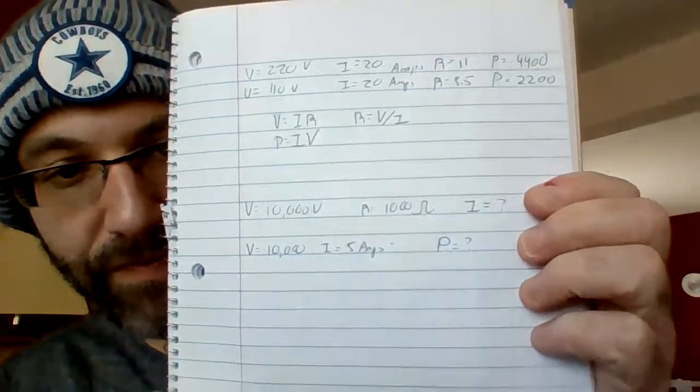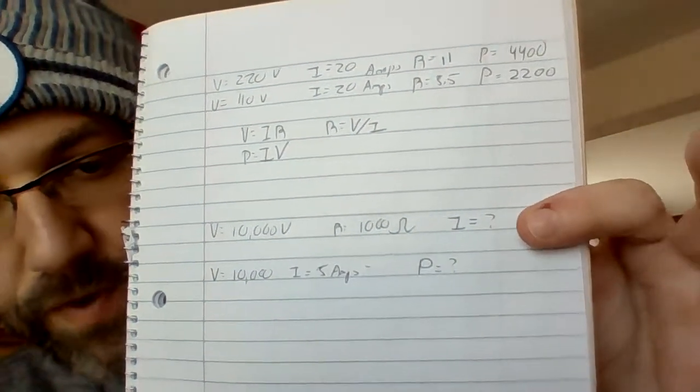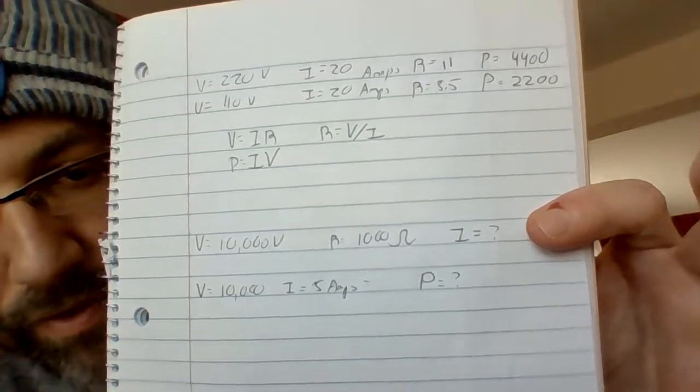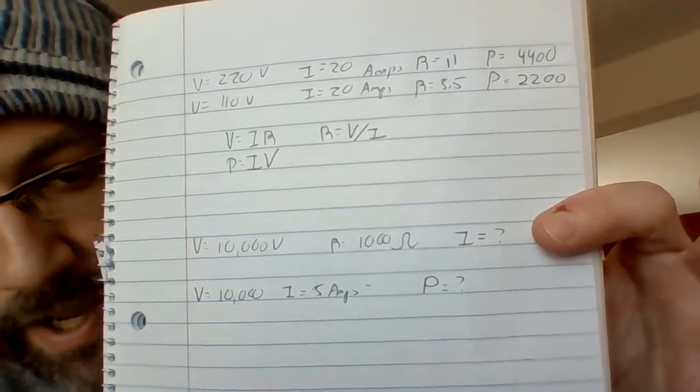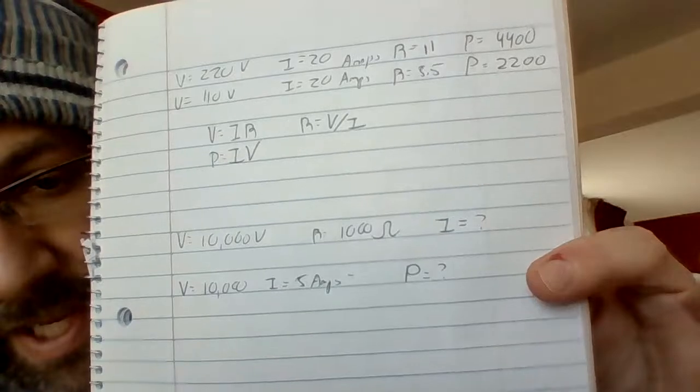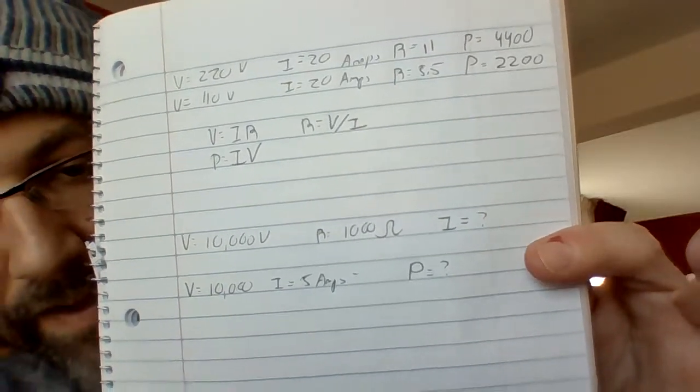So here's the setup for number 4. First we'll find the current running through the person. We'll use V equals IR. And then down here to find power, it's P equals IV. So this top equation, we're going to have to rearrange it for I. So I is V over R, which would be 10,000 divided by 1,000.